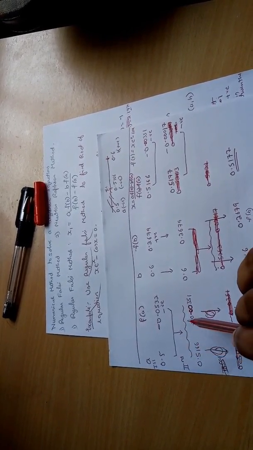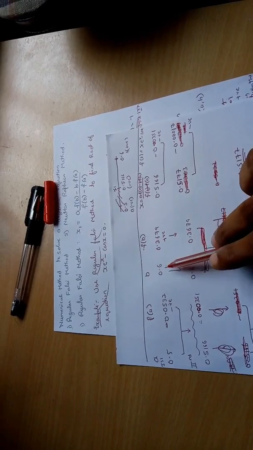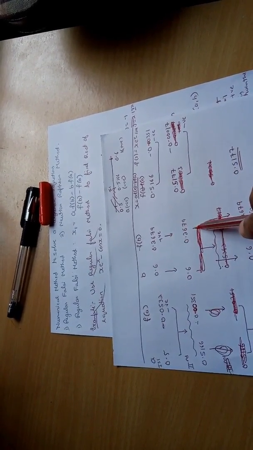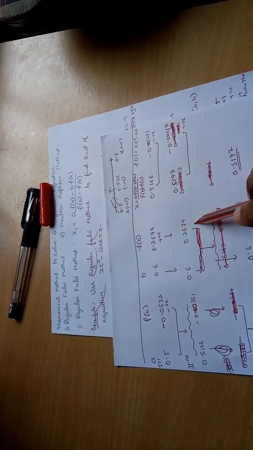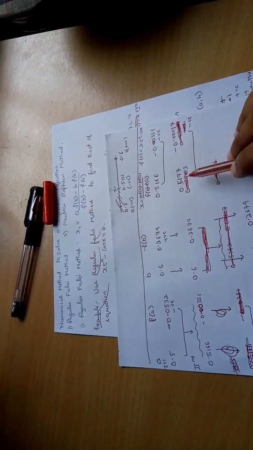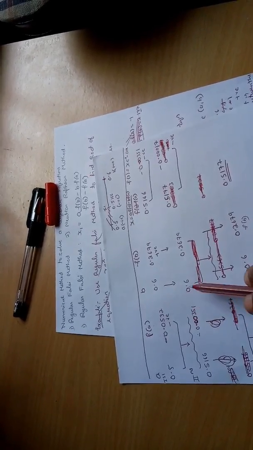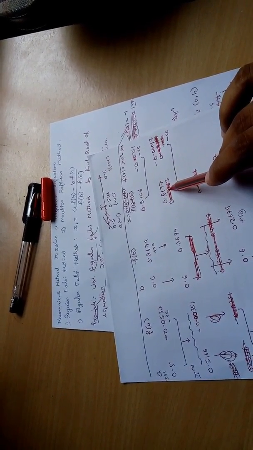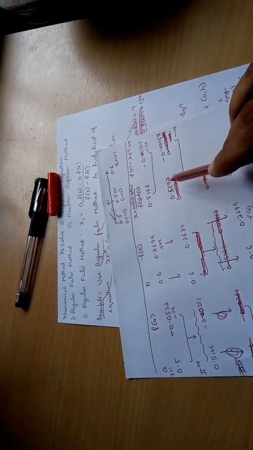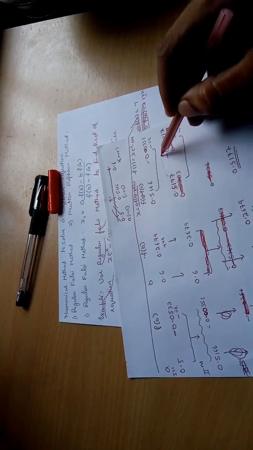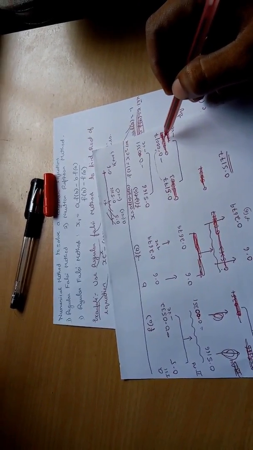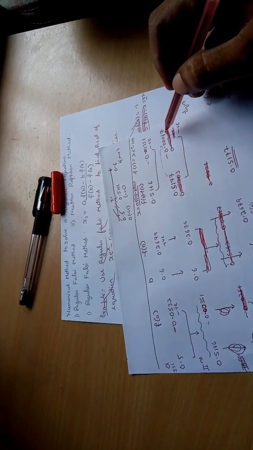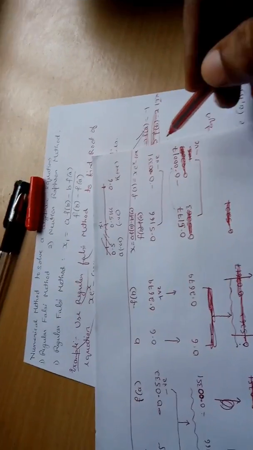Then again you calculate, we have the formula, this is the value of A, f of A, B, f of B, substitute it, we'll get the value as 0.5177, that is in the second iteration. As soon as you get this, you find the function value. Function value we get minus 0.00017. So you can see here, it is approaching 0 very fast, correct? Again this value is negative. If it is negative, what do I have to do? We have to replace which one, A or B?